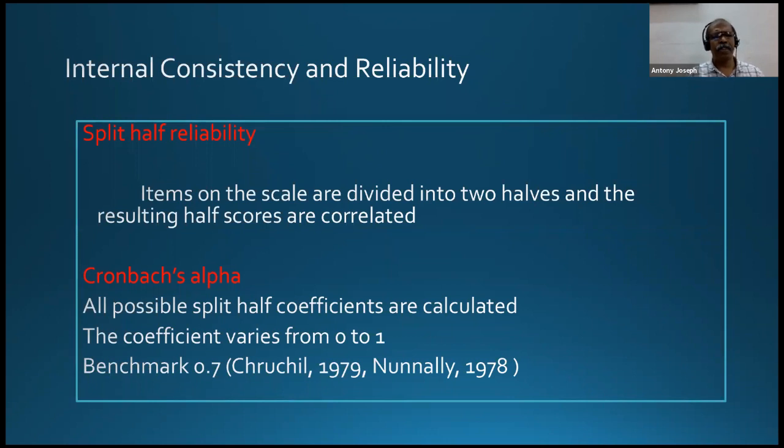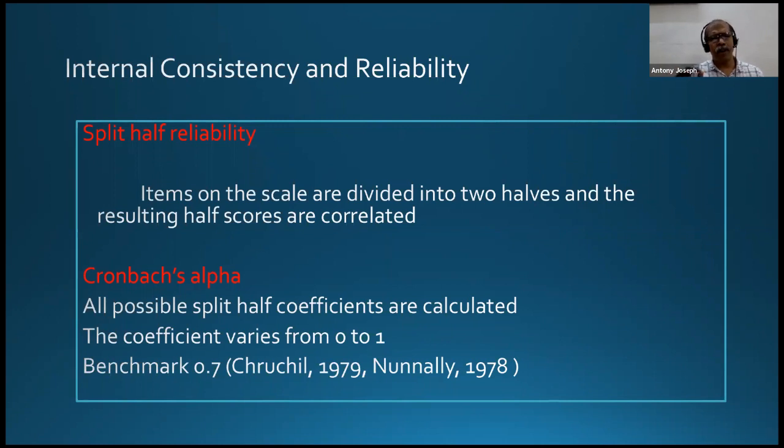Now, some authors are of the opinion that a benchmark of 0.6 is sufficient. In some social science studies, getting a benchmark of 0.7 is a difficult, very tedious task. So some people at present say that the minimum requirement is 0.6, but I would say in commerce or management, the benchmark is 0.7.